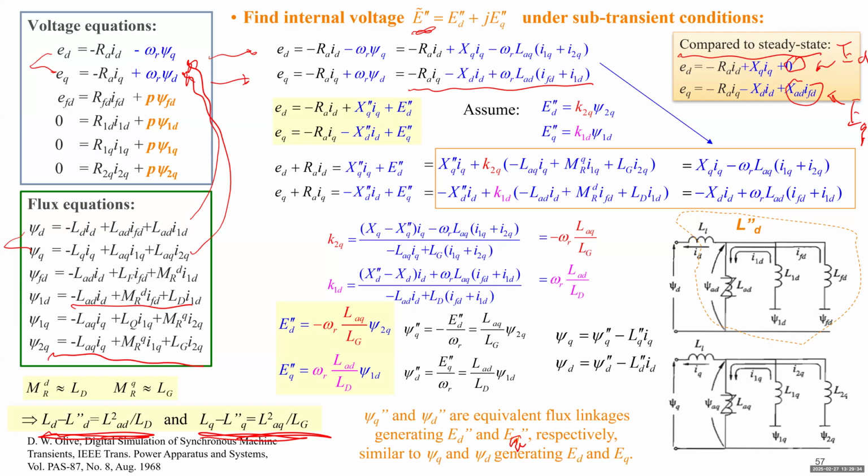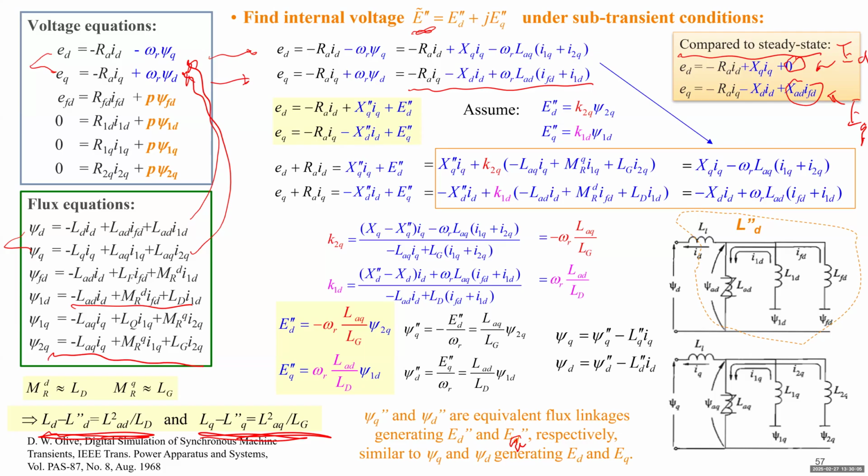Psi Q, which is the flux linkage from the Q axis, will be equal to an internal flux linkage in the Q axis after some flux linkage loss due to this double prime L. If you compare this to the Kirchhoff voltage law, this is like a flux linkage.